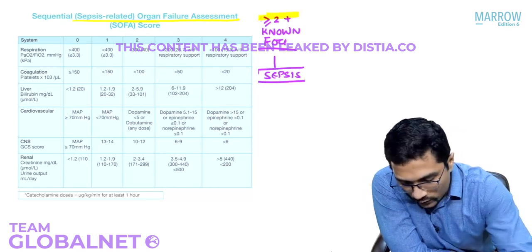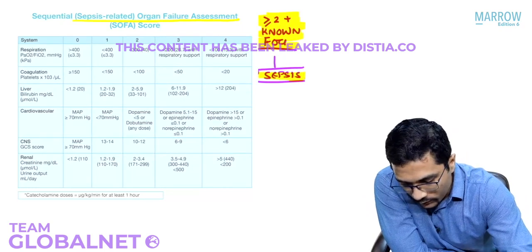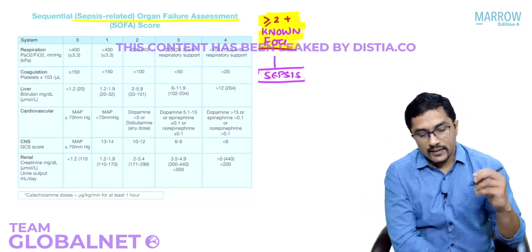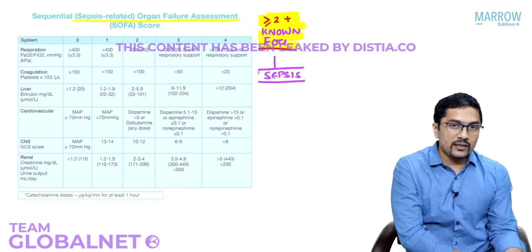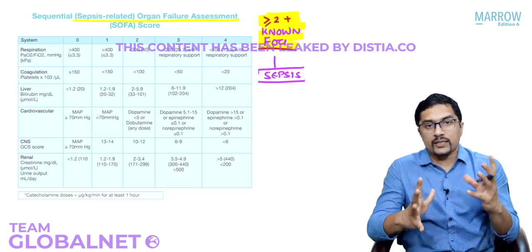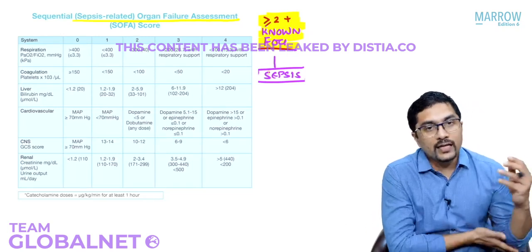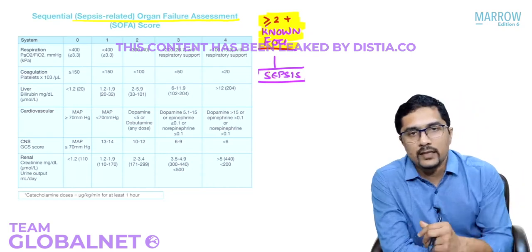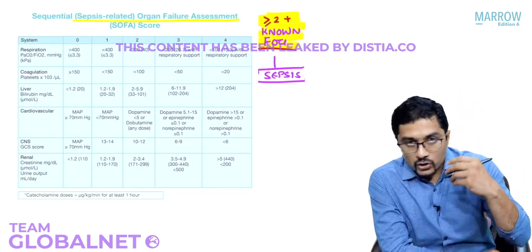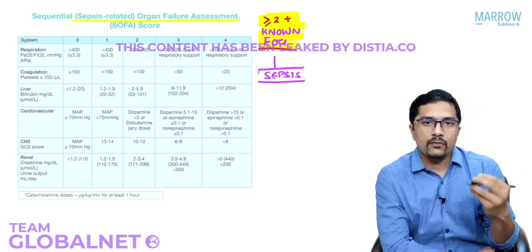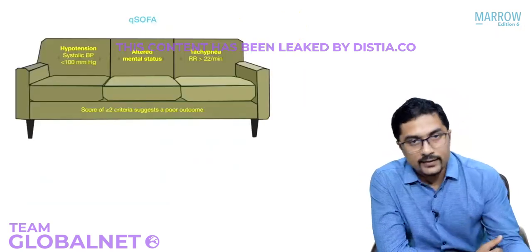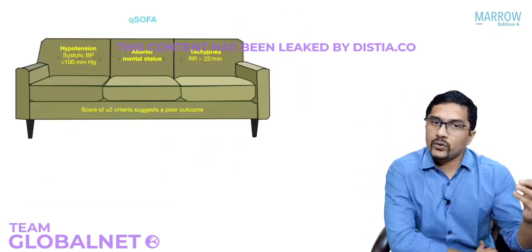A SOFA score of 2 or more than 2 plus a known foci of infection would classify as sepsis. But what you need to understand here is that this SOFA score is such an elaborate score that it becomes difficult for us to measure each and every parameter. So to circumvent that problem of having so many parameters, they've also come out with a QSOFA score.